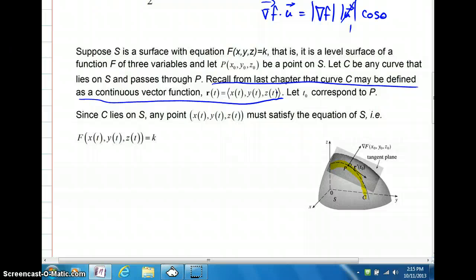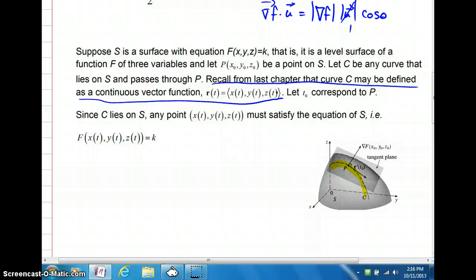So we've got our r of t vector function describing that curve. And talking about that vector, you've got r prime, the tangent vector. Wow, that's linking in right here. But let's just say that we have t sub 0 correspond to P. So we let t sub 0, the initial t value, correspond to x naught, y naught, z naught, to point P.